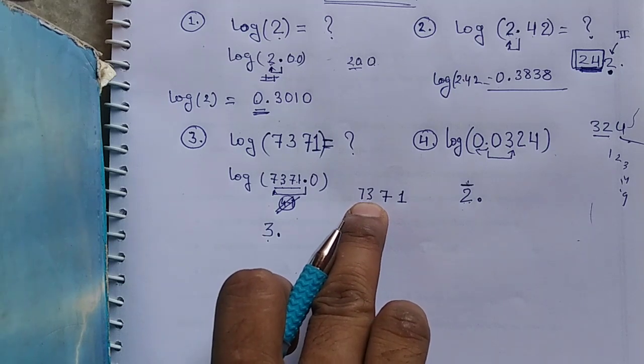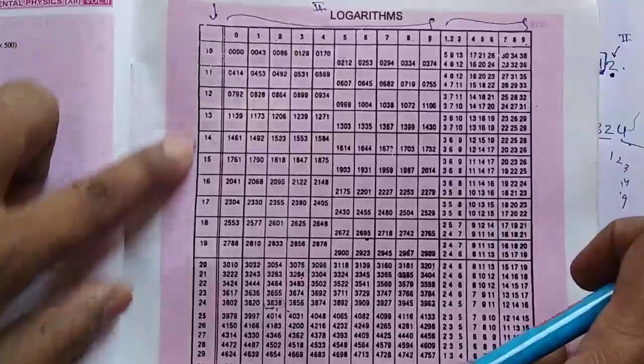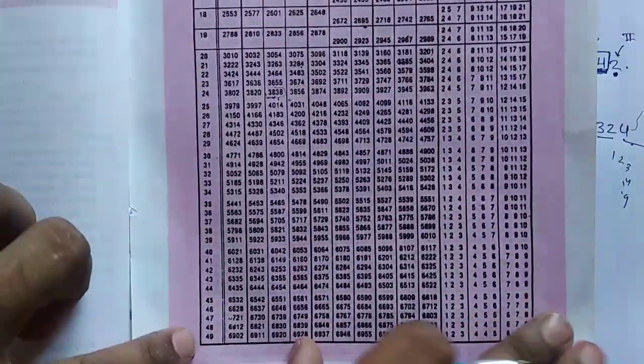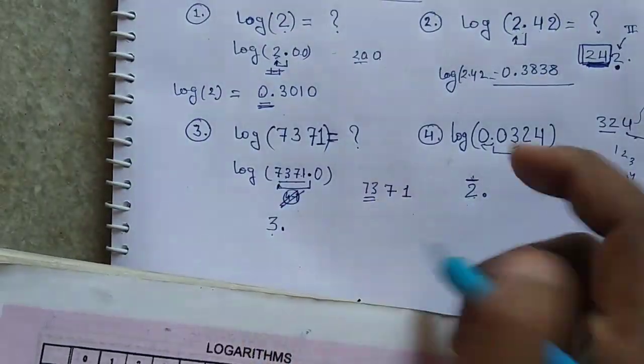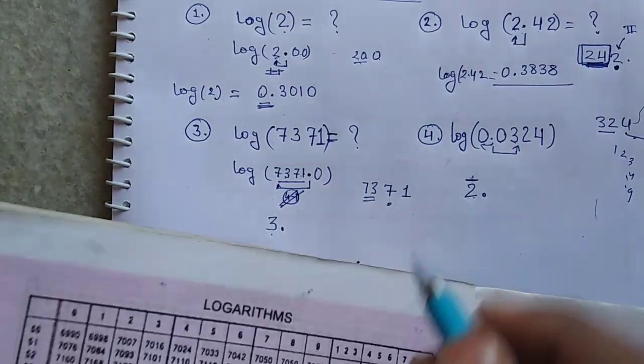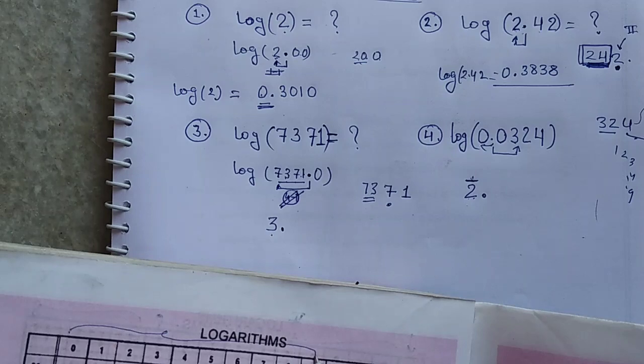In this case, this pair will be seen in the first column. So here is the first column, this is 49. Let me turn the page. You can see over here 73, and the next digit is 7, which is seen through this column.